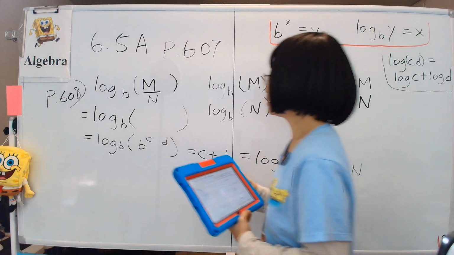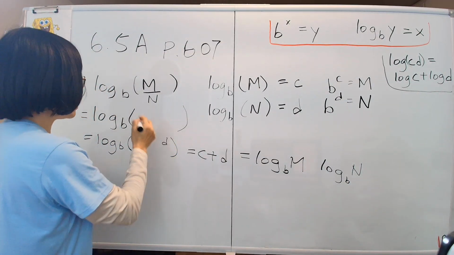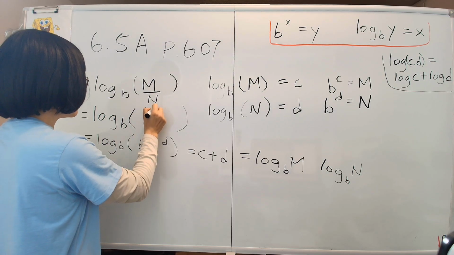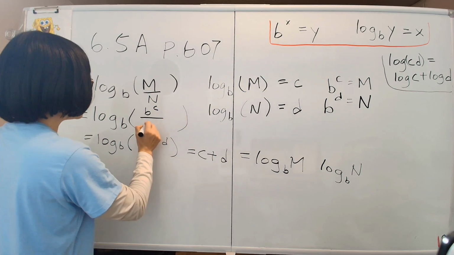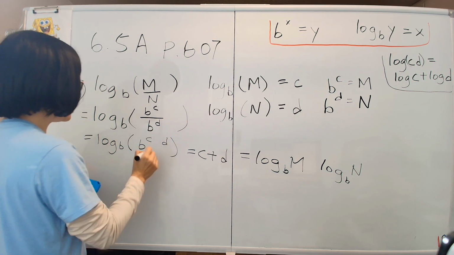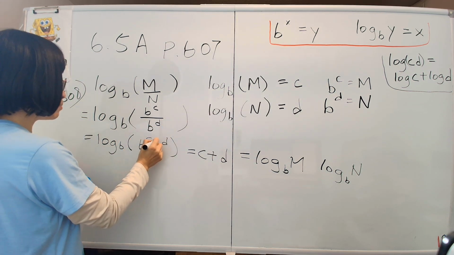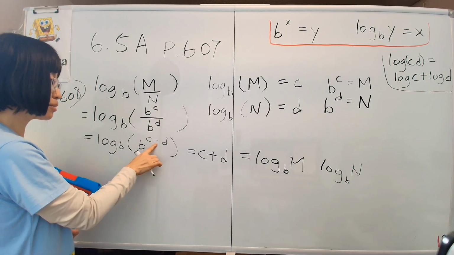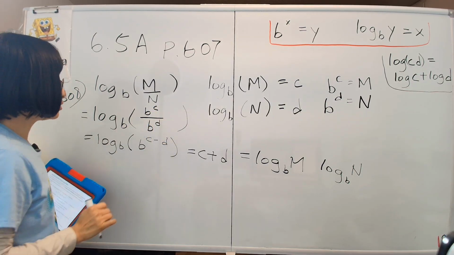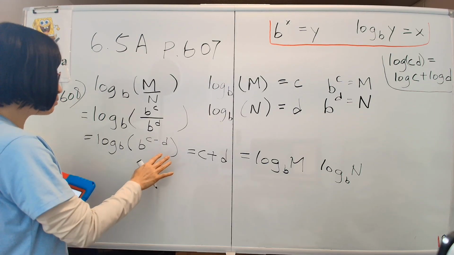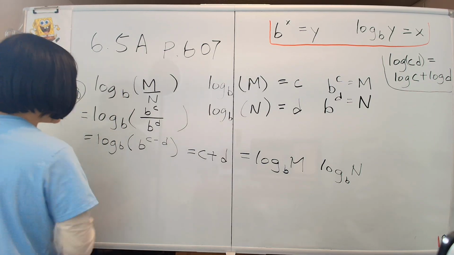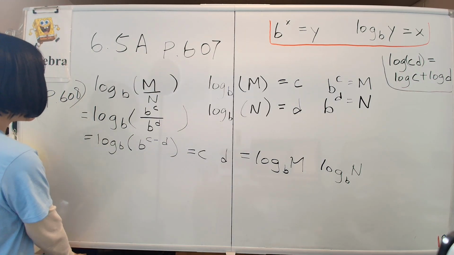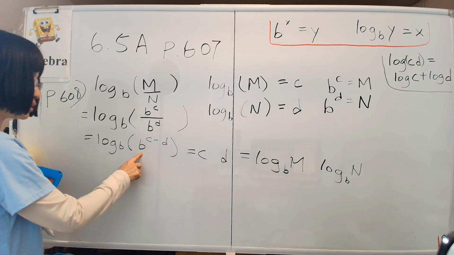So as a result, this is the same as b to the c divided by b to the d, and that's the same as b to the c minus d, and this is from chapter 1, exponents. Division translates into subtraction in exponents. Now, knowing that, the same principle applies. If this is the case, then the next thing we're going to calculate is b to what power equals b to the power c minus d.